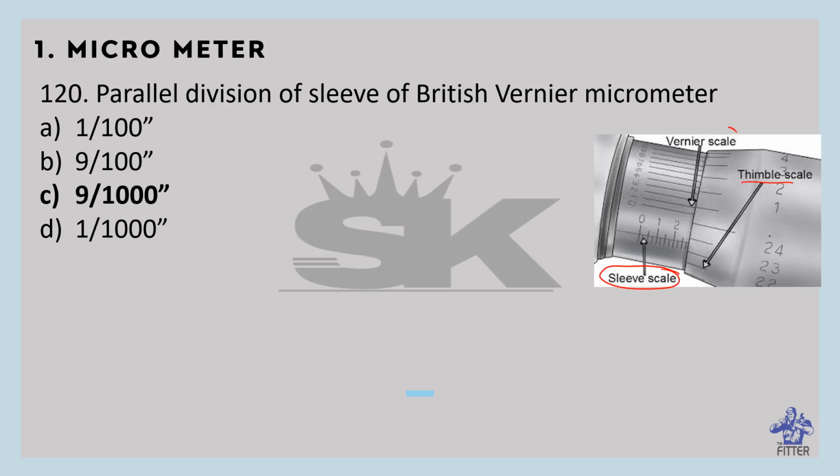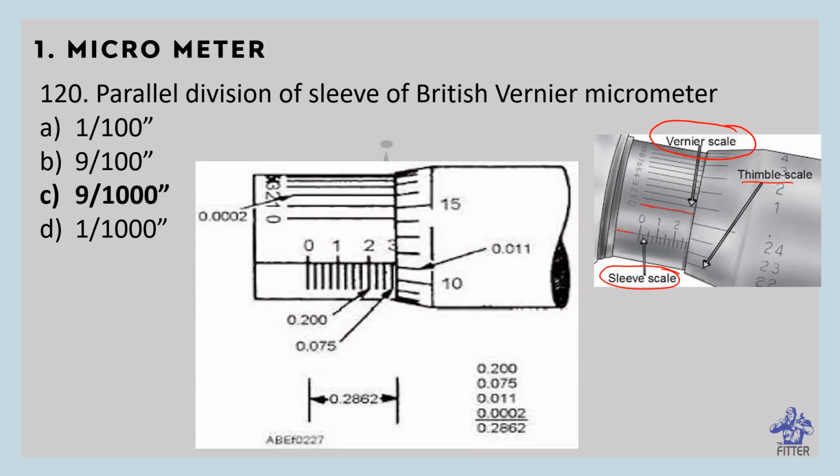We know that, but if you observe, this is the vernier scale. The parallel lines parallel to the datum are considered to be the vernier scale. This is how the dimension can be measured.